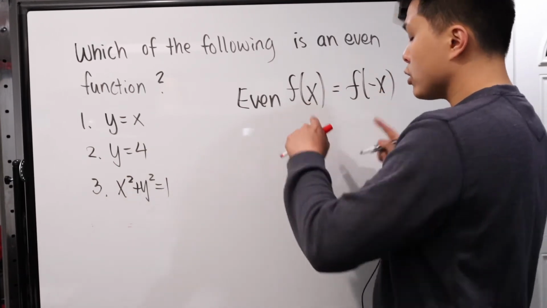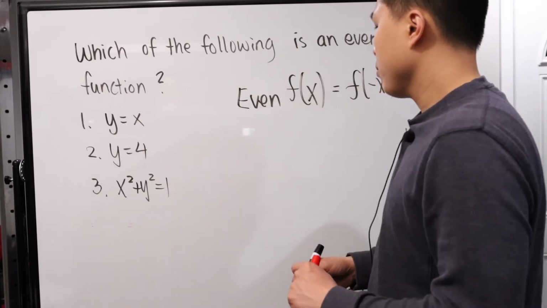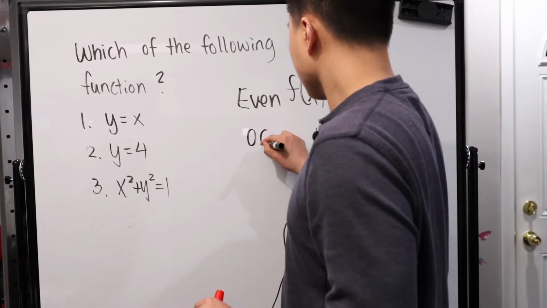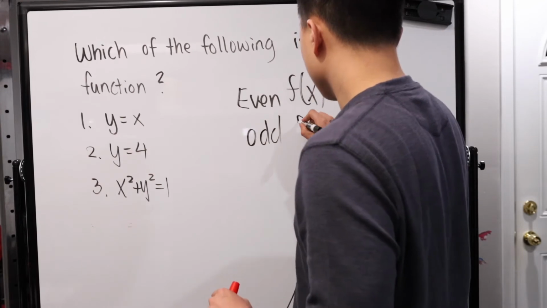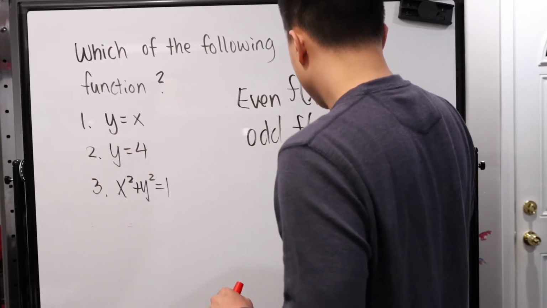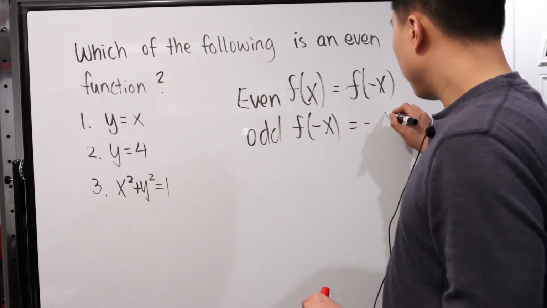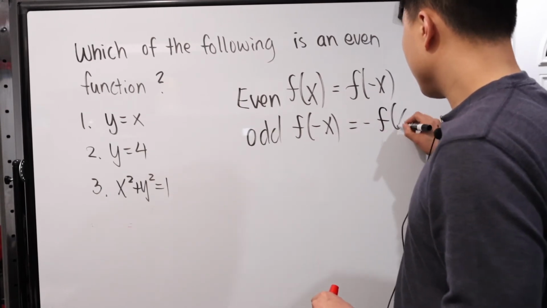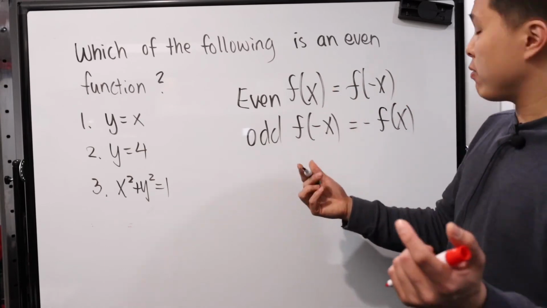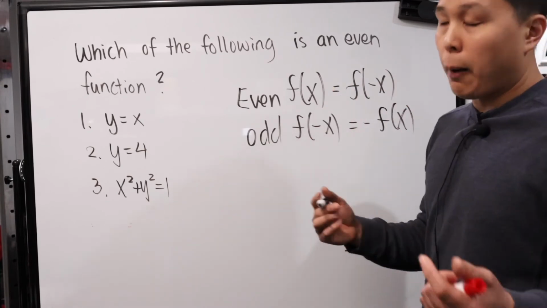The answer, the output, should still be the same. Odd is saying that if you put a negative number inside the function, the end result must be the entirely negative version of what you get if you put a positive number in.